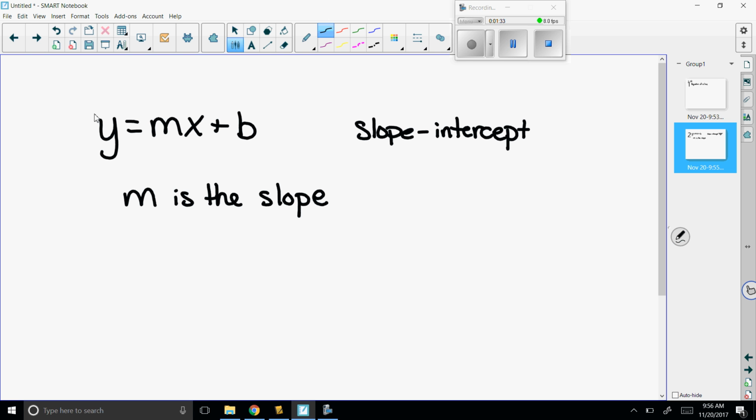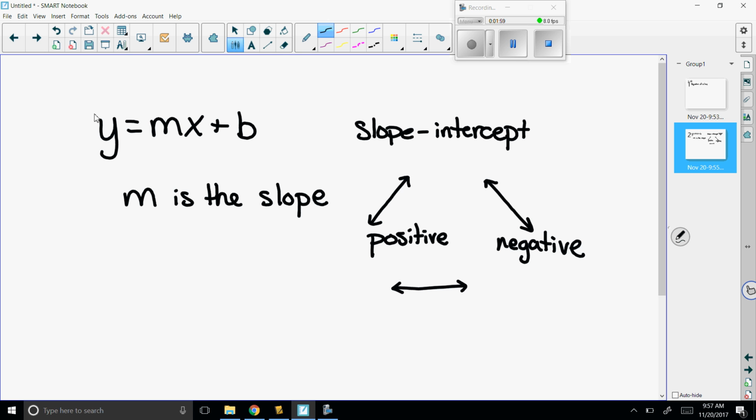And if we talk about the slope, what can you tell me about that line? That's a positive slope. Of course, this would be a negative slope. What's a horizontal line? Zero slope. And vertical is undefined.